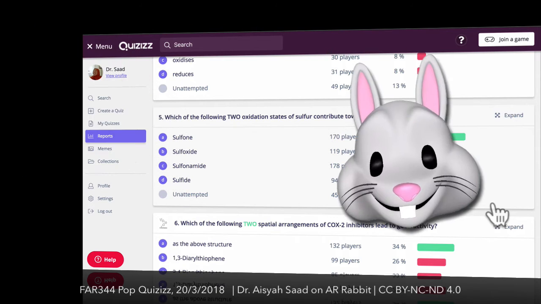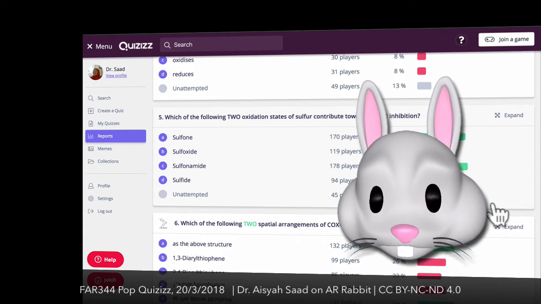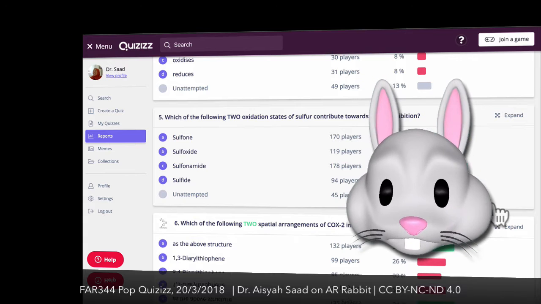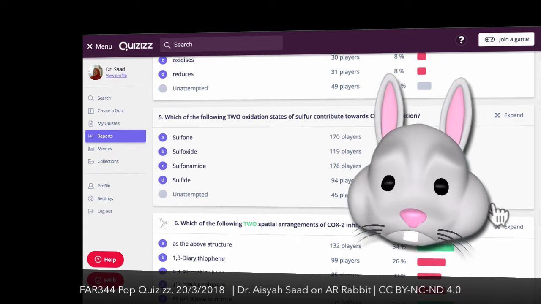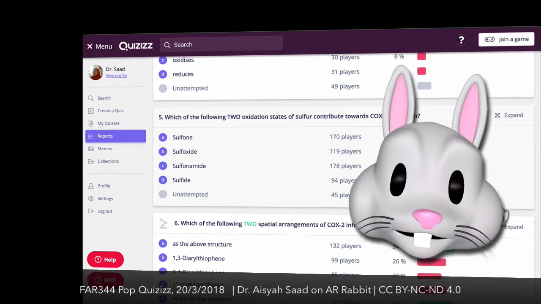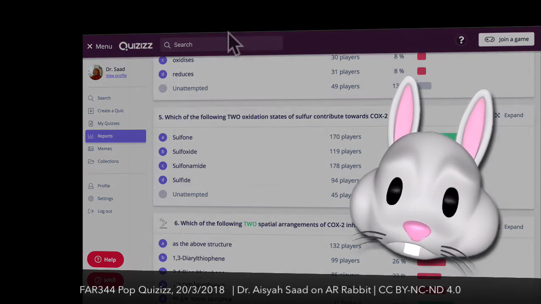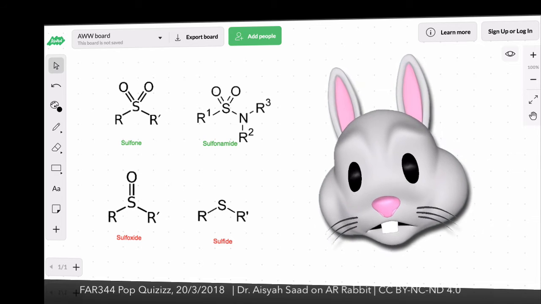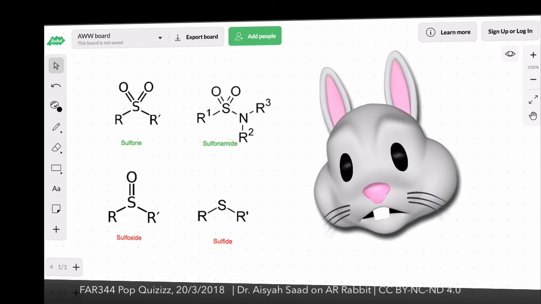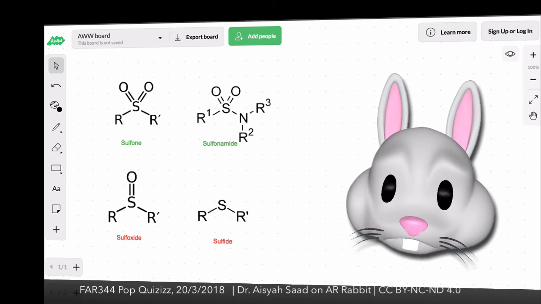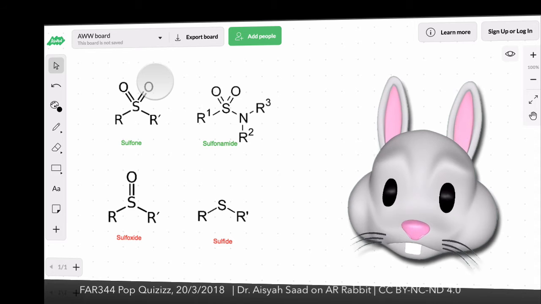So let's have a look at the different oxidation states of sulfur. I've made a little graphic of all the ones listed in the answers. The first two, sulfones and sulfonamides, are the ones that will give good binding to the COX-2 receptors, and the two oxygens are needed in this case.